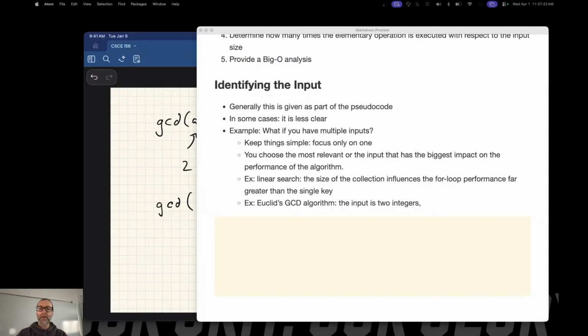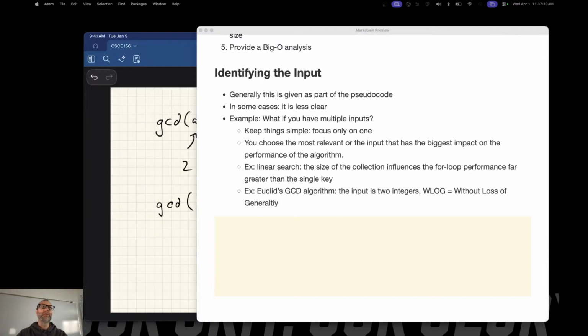Without loss of generality, WLOG, right? Have you ever seen that before in mathematics? WLOG, without loss of generality. There we go. Focus on the larger of the 2, right? In other words, assume that A is greater than or equal to B, and then focus on A, right?